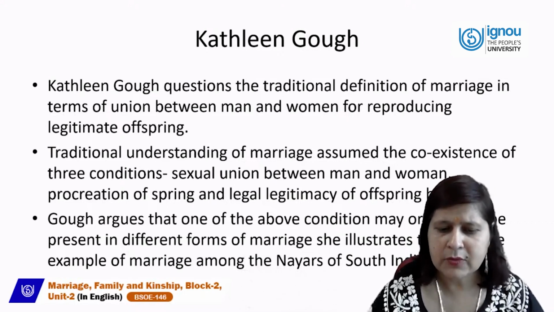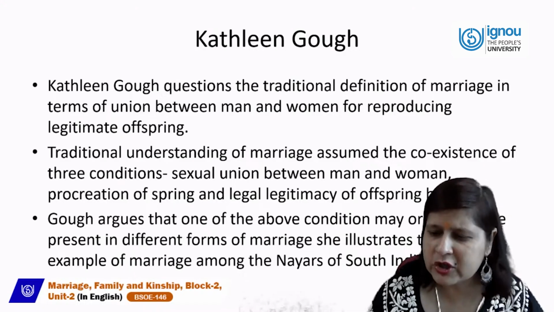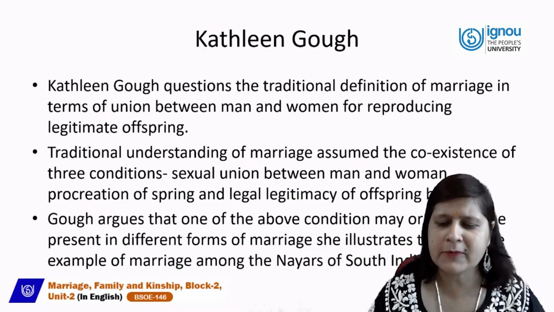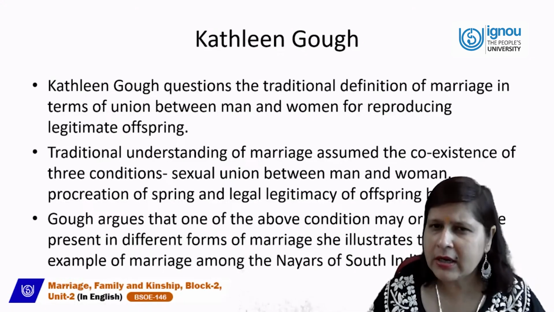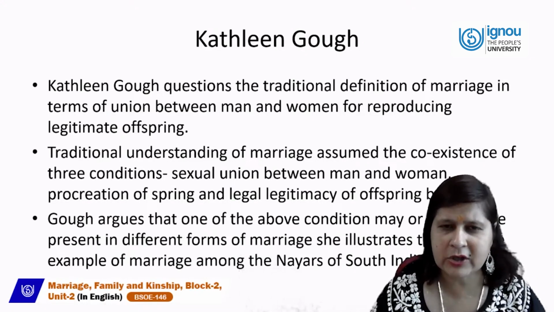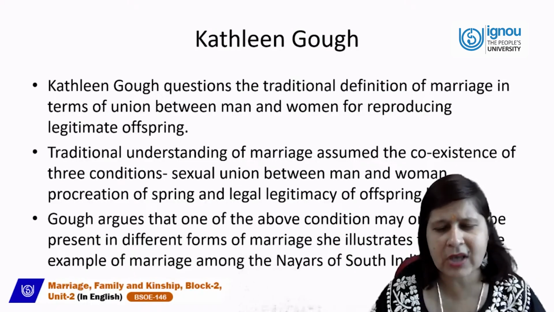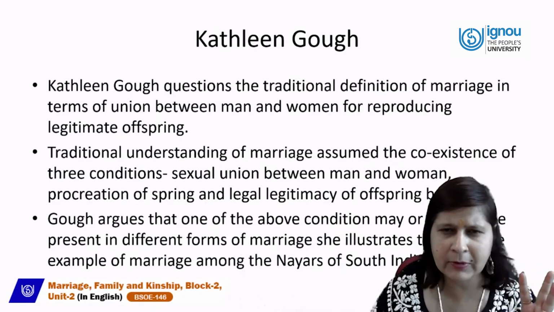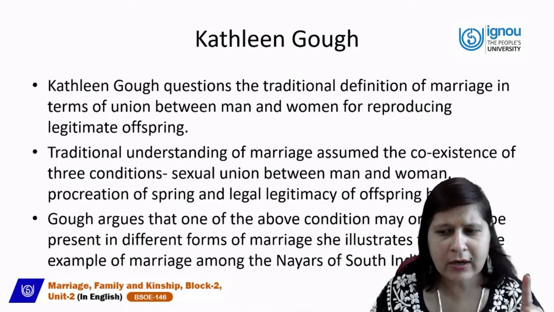Gough argues that one of the above conditions may or may not be present in different forms of marriage. She illustrates this with the example of marriage among the Nayars of South India. According to the traditional definition of marriage, what is required?